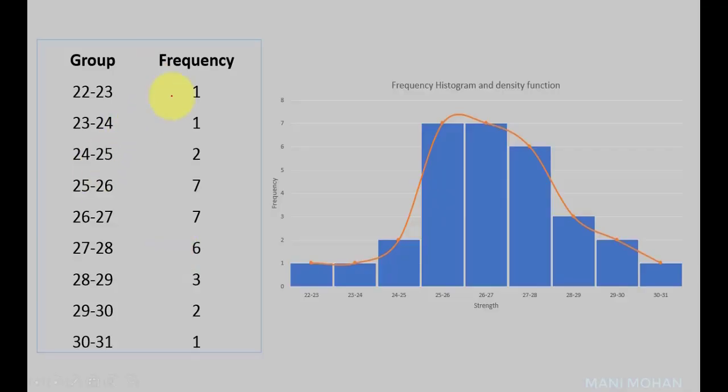For the given data, plot the histogram and join the midpoints of each of these bars to get the density function. Now you can clearly see that this density function obtained from experiment results is awkward.